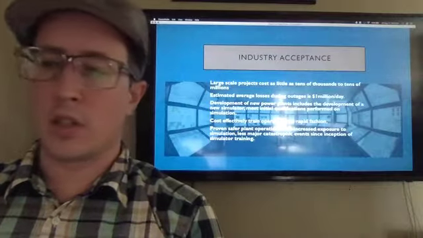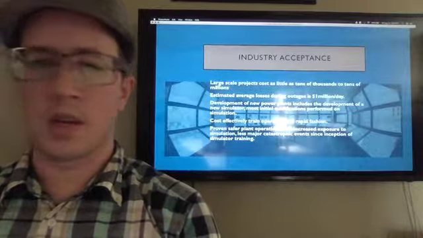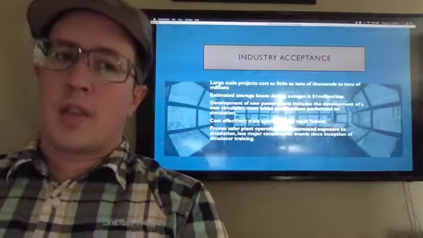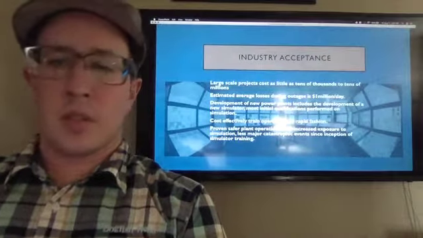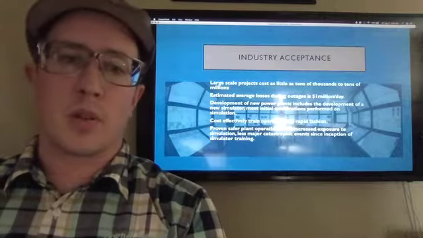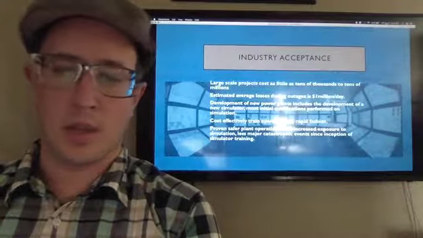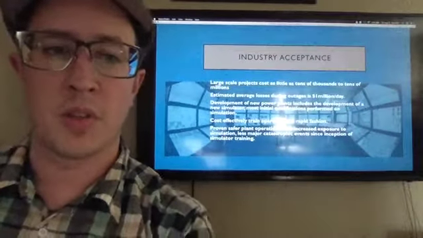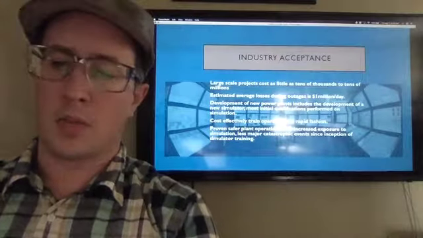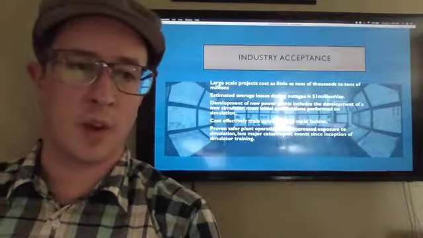This has actually been hugely accepted by the industry. The savings of these simulation devices has been astronomical. They say that an outage can cost as much as $1 million per day, and simulators can save that amount of money.